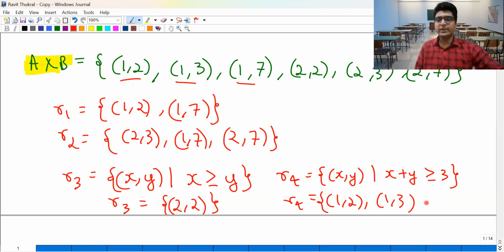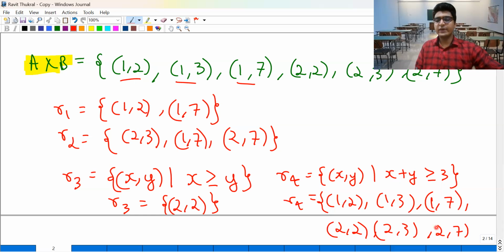So all of these elements are part of this relation, because this definition that I have created is satisfied. Okay. So 1, 7, 2, 2, 2, 3, and 2, 7, all of them satisfy this condition.